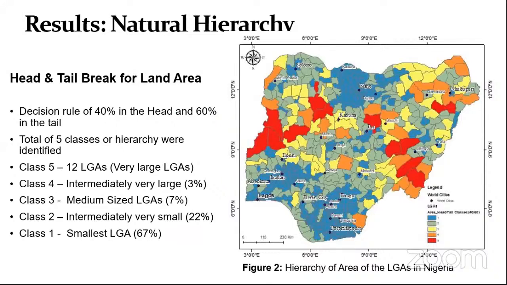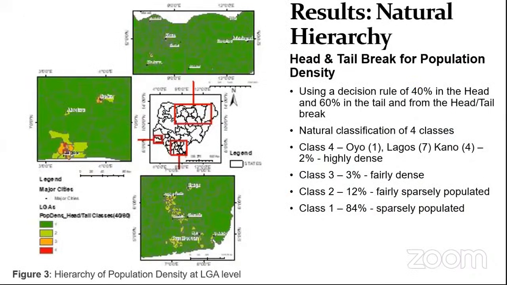So this shows that 2 classes does not do it. Then we also look at population density. That also shows that if we combine area and the population, we have 4 natural classifications rather.